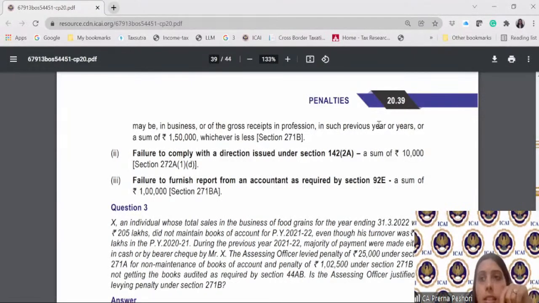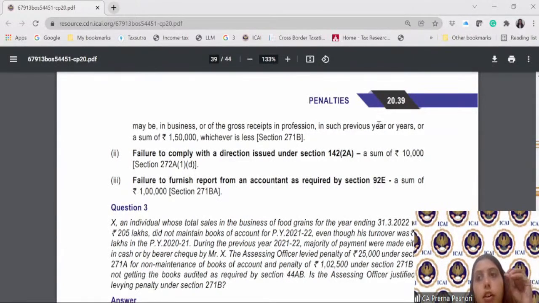Since it exceeds 1 crore, he was required to get the books of accounts audited also. He has not maintained the books of accounts. He has not got the books of accounts audited.